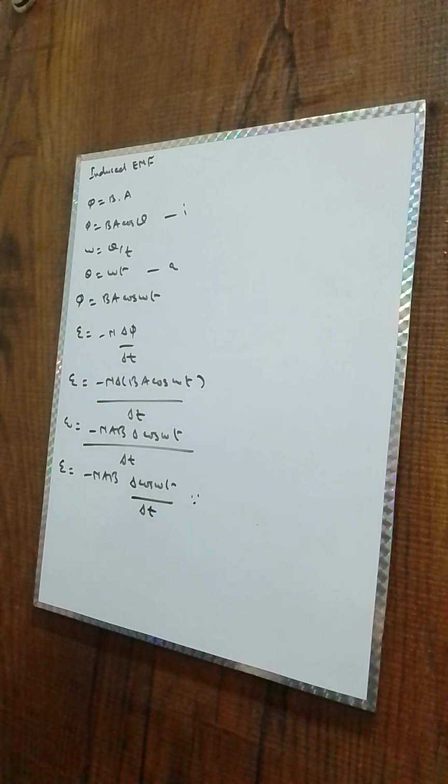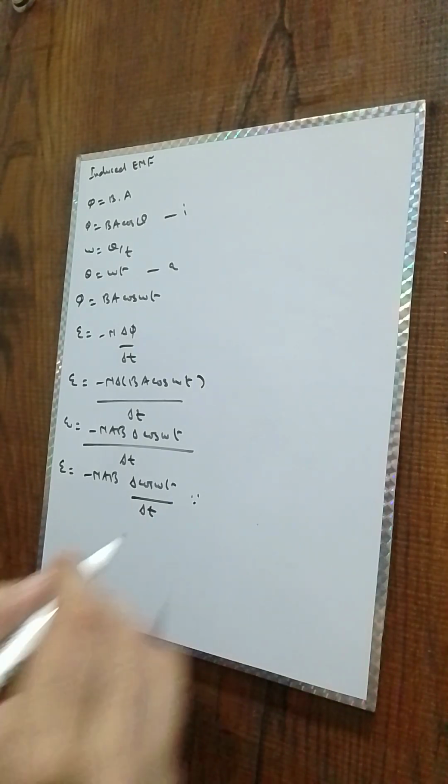And the change in cos omega t is equal to minus omega sine omega t. You see, here's the trick.